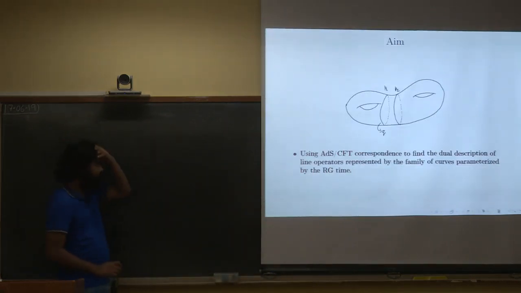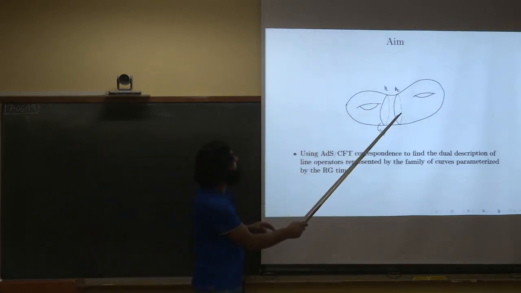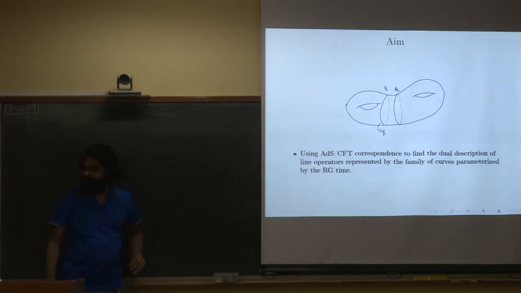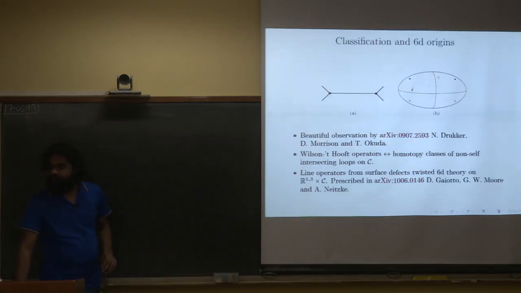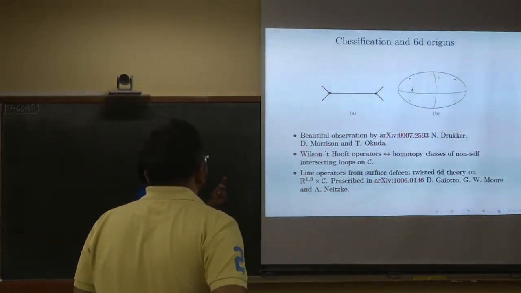So now the stage is set, and we are in a position to state our research question: how this loop on the Riemann surface evolves as you perform an RG flow. This classification was done mathematically for A1 theories.